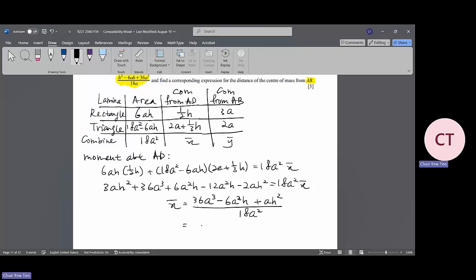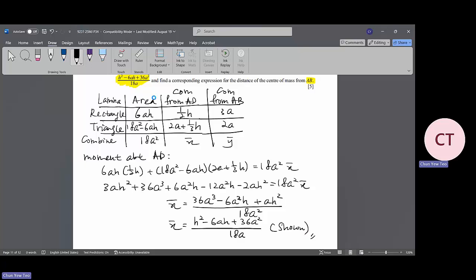You can see that the a can be cancelled. If you cancel the a, then you can get h squared minus 6ah plus the 36a squared over the 18a, if you divide everything by a. So therefore shown. Okay, that is correct for the bar x.